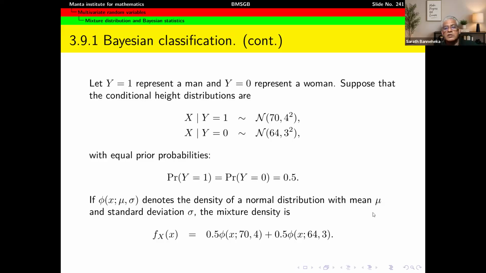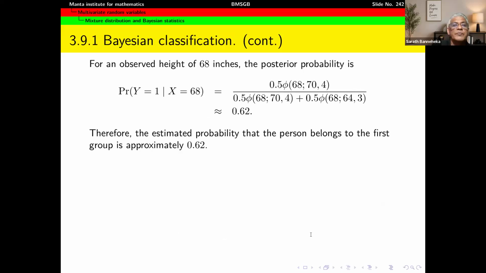So that is the short form of the mixture density, right? So if you randomly select a person from this particular population and measure the height, its height will be like an observation coming from this mixture distribution.